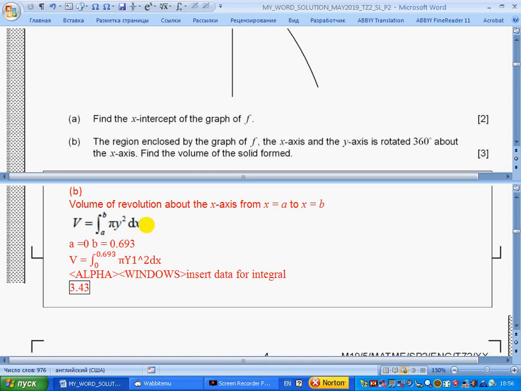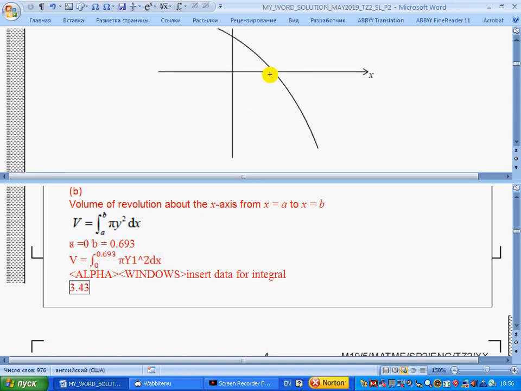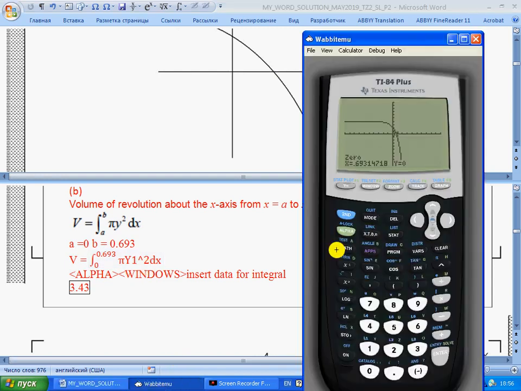In our case, it starts from 0 and finishes at 0.693, and we should find the integral of pi y1 squared. Fortunately we have this function already, and our calculator knows this function.